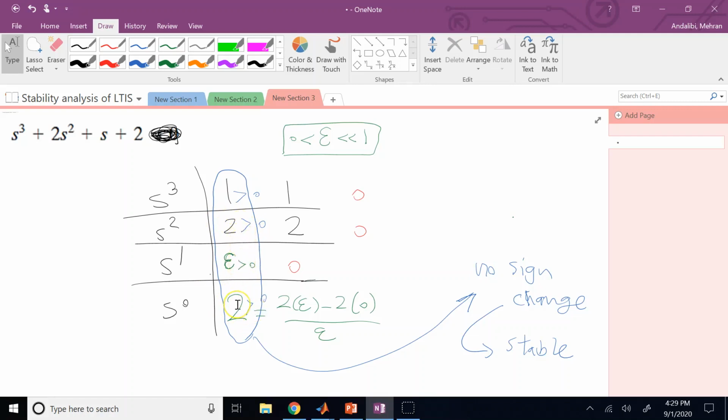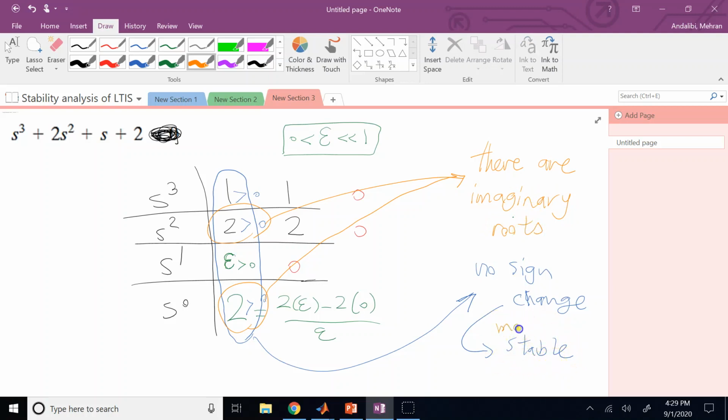They have the same sign. So there are pure imaginary roots. Because these two are both positive, it means there are pure imaginary roots. And when they are imaginary roots, it means it's not pure stable, we call it marginally stable.